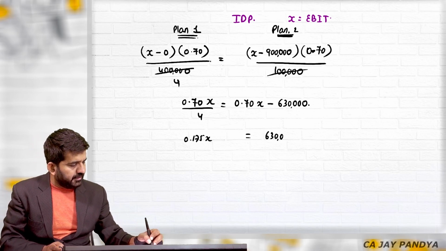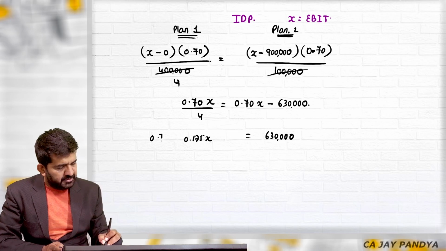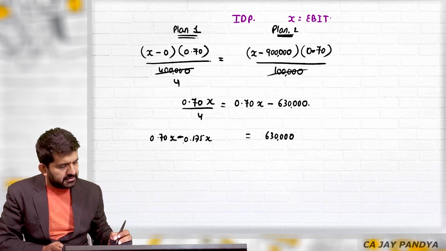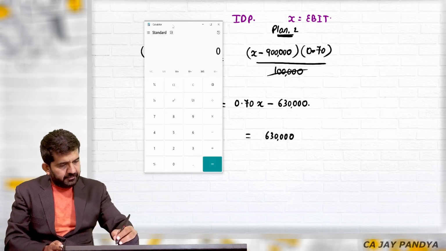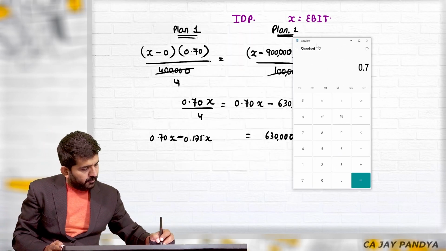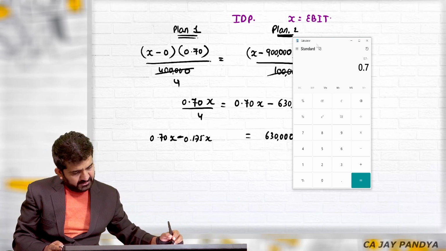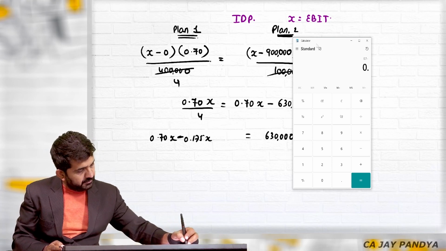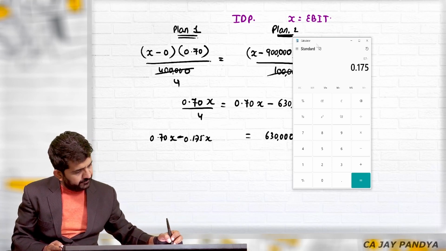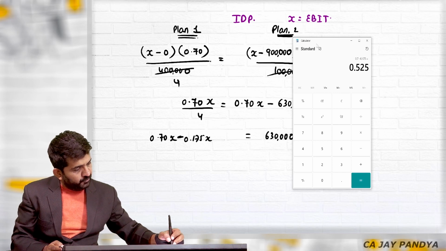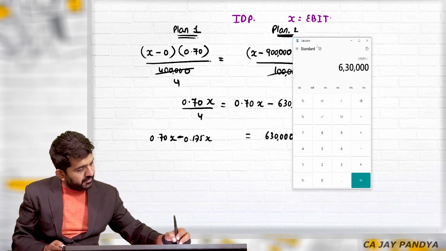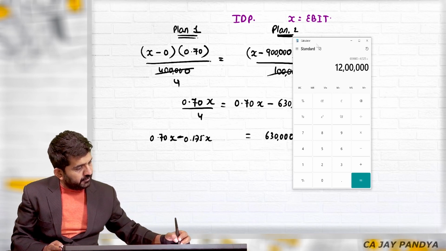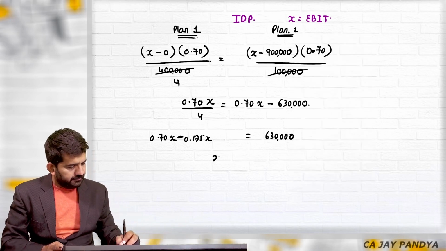This will be 0.7x minus this. So this will be 0.70 minus 0.175, 0.525. 6 lakh 30,000 divided by 0.525, which is 12 lakhs rupees.